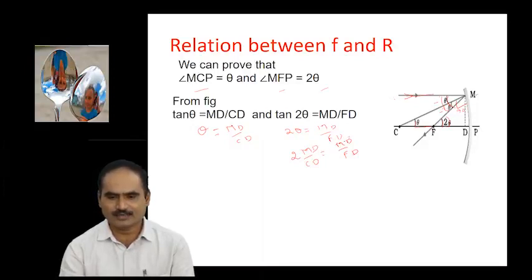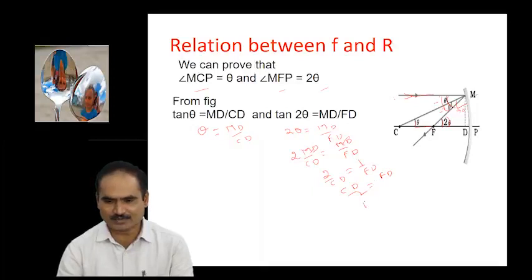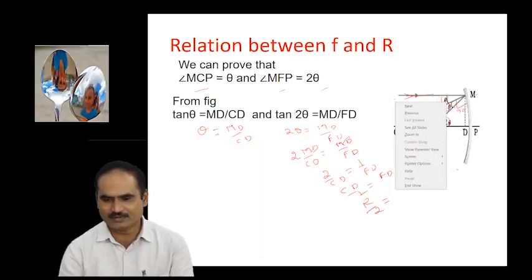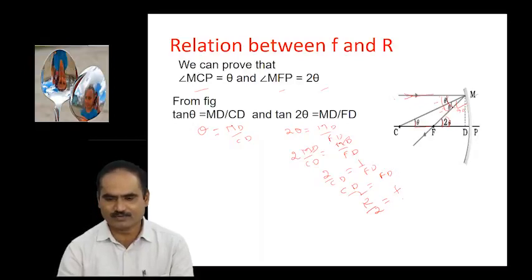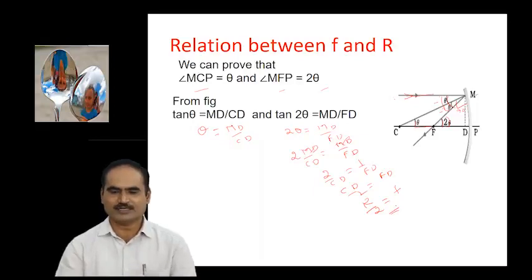Here we cancel MD and MD, and we write 2 by CD is equal to 1 by FD. Taking the reciprocal, CD by 2 is equal to FD. What is CD? It is capital R. What is FD? FD is nearly equal to F. So therefore R by 2 is equal to F. In this way we can take it.